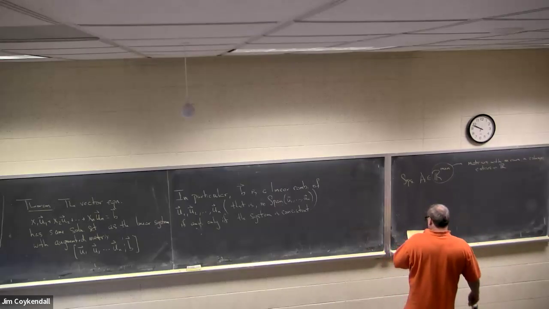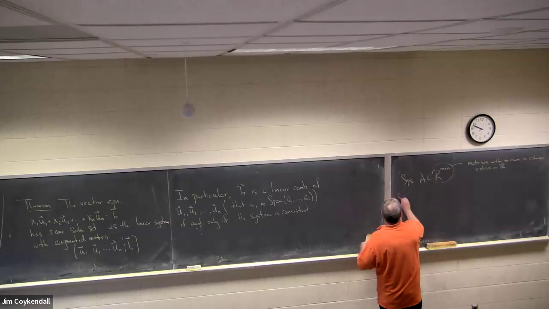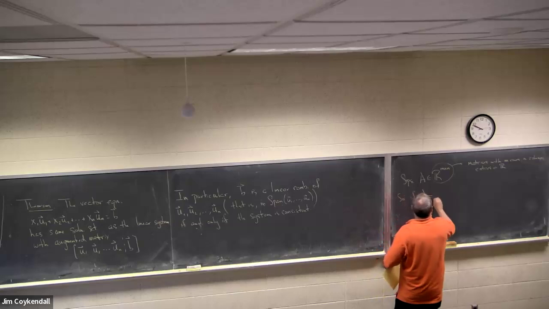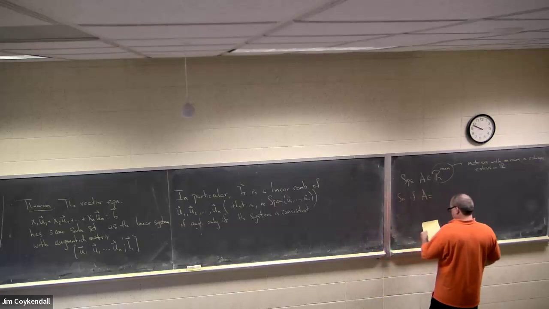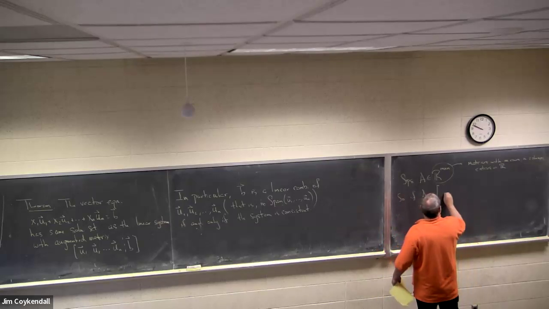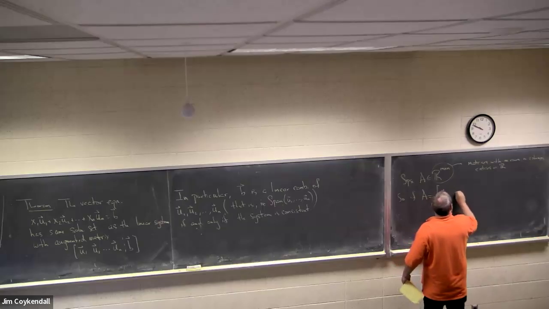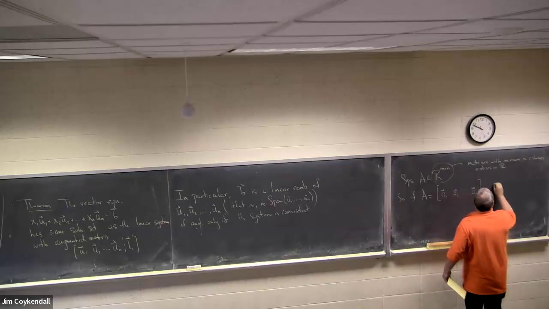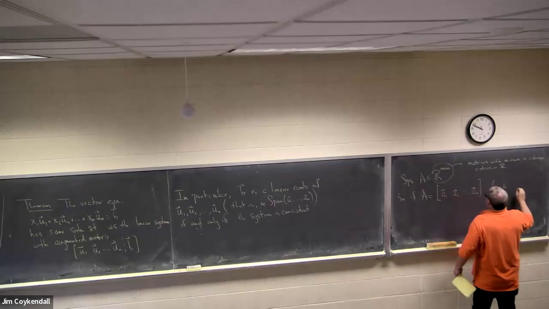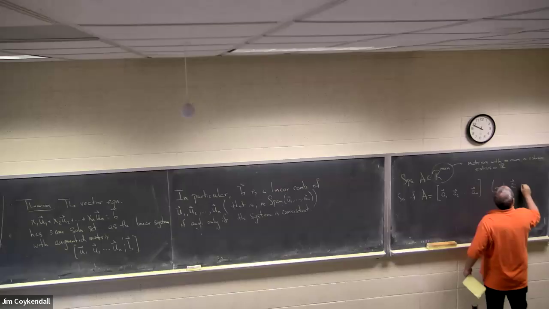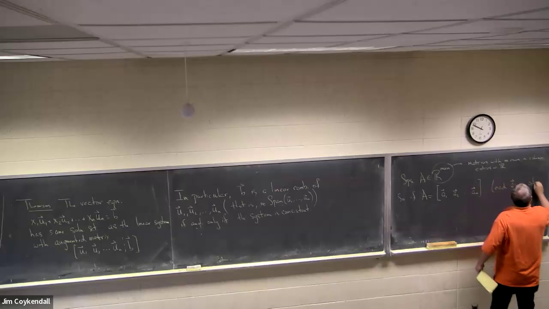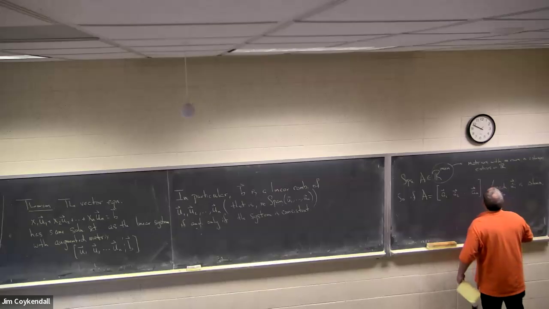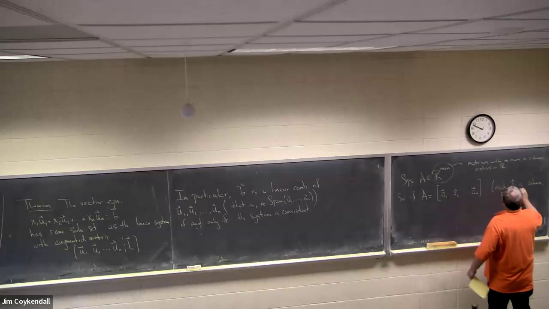If I write A this way, each A_i is a column, so an m by one vector.